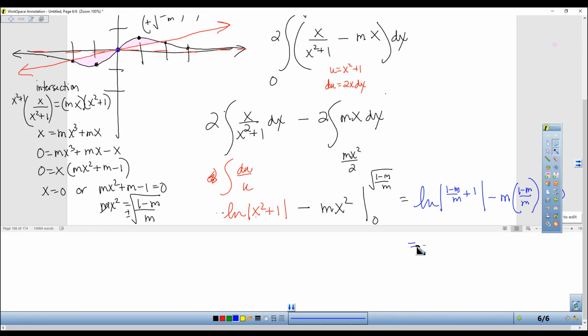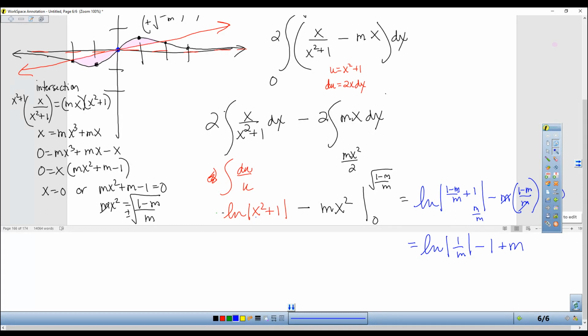We are going to simplify this just a little bit. The natural log, let's change this to m over m to give it a common denominator. And if we do that, 1 minus m plus m is just 1 over m. And then these m's cancel, and I distribute my negative, so minus 1 plus m.